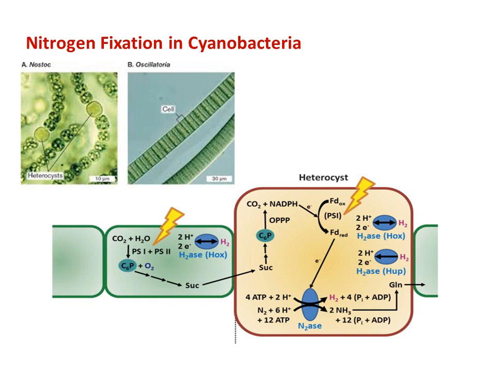With the involvement of the enzyme NADP ferredoxin oxidoreductase, which is involved in the transfer of electrons from reduced NADPH to ferredoxin, ferredoxin gets reduced.